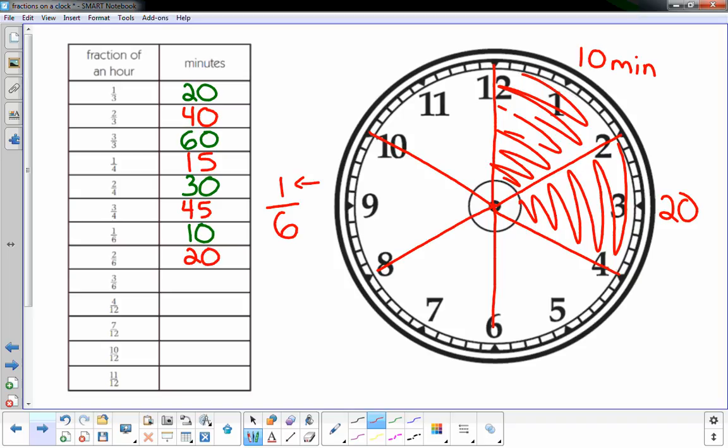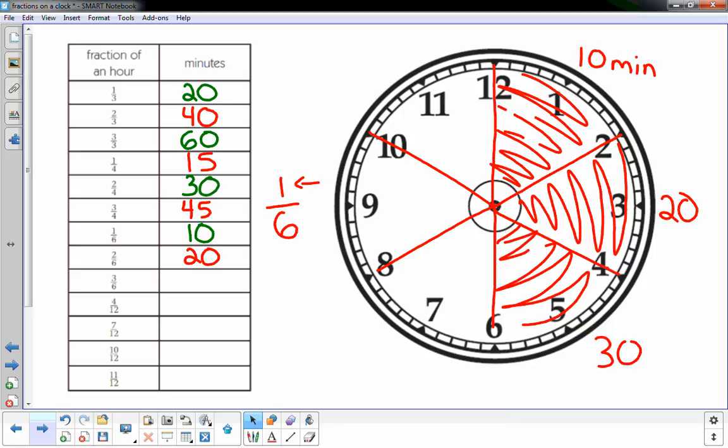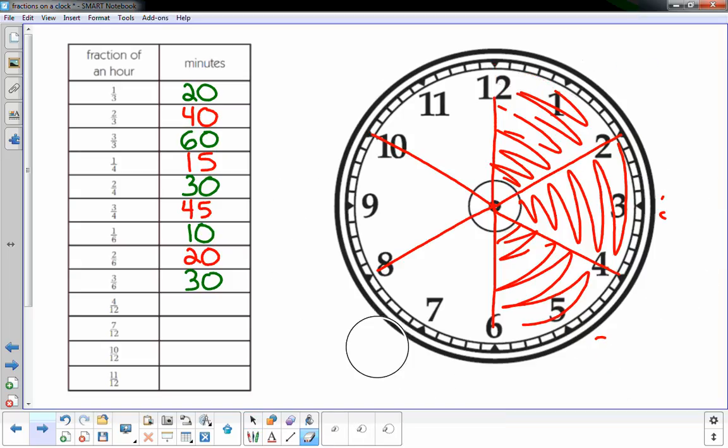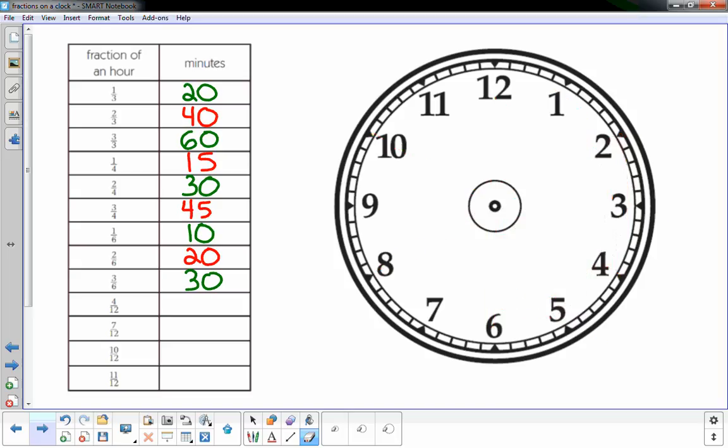Well, if 2/6 is 20 minutes, then 3/6 is going to be another 10. That's 30 minutes. And it looks like now we're going to work in twelfths. So I'll erase this. They have us starting with 4/12.